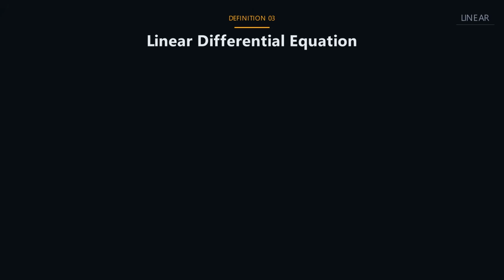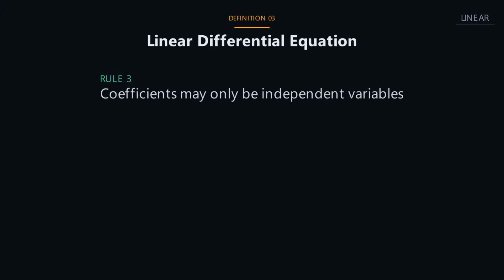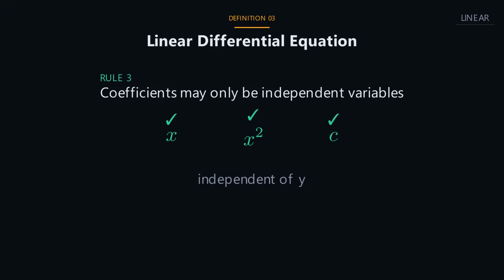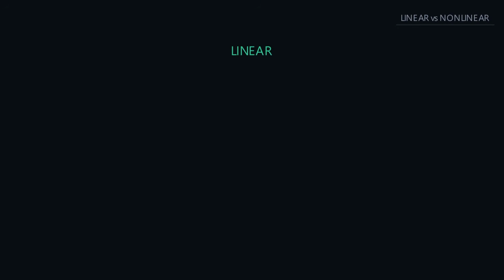Our last rule that we're going to be looking at is that the coefficients can only be independent variables. We're mainly going to say x, x squared, or c are independent variables. We learned this a lot in multivariable calculus or Calculus 3, if you guys have done that. I didn't list it as mandatory in the prerequisites, so let me give you an example here.